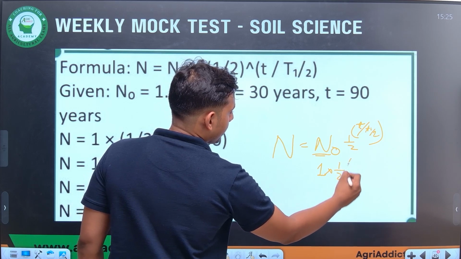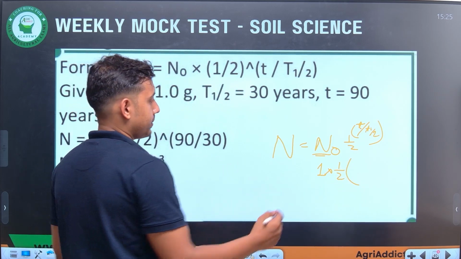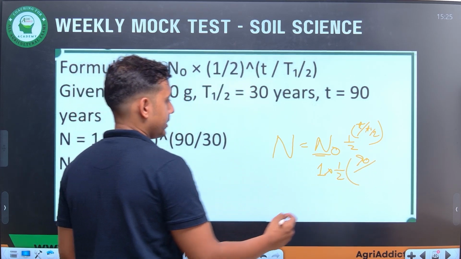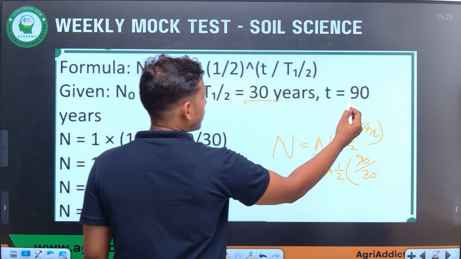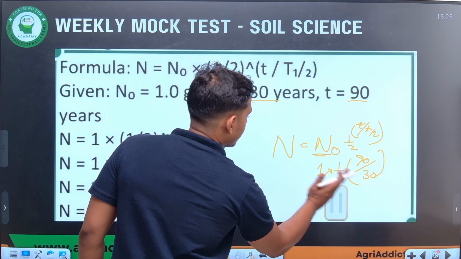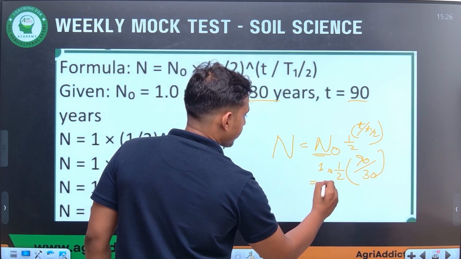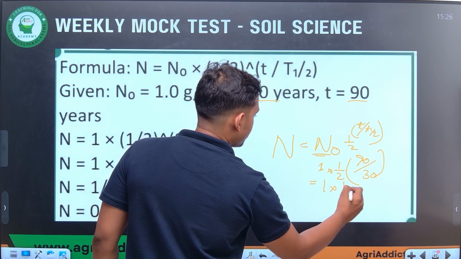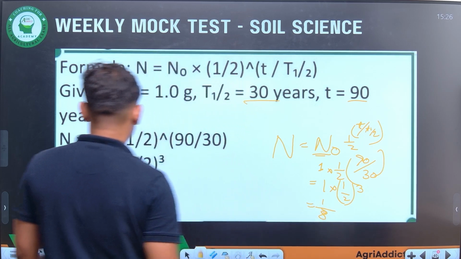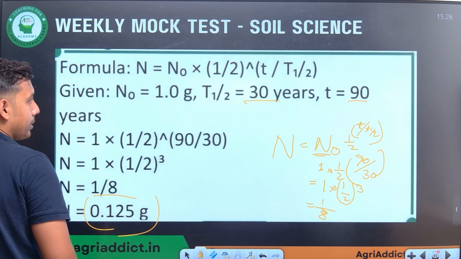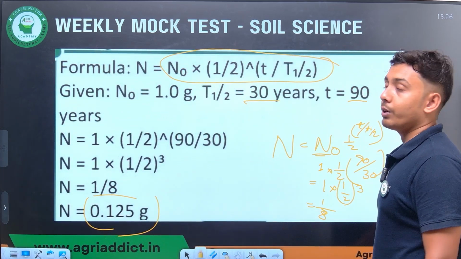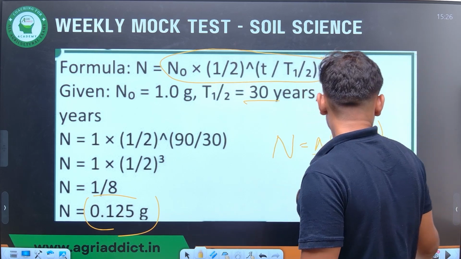T is the total time, 90 years, and T half of that element was 30 years. So it will be 1 into 1 by 2 to the power 3, that means 1 by 8, which is 0.125 gram. So this is the formula: N is equal to N0 into half to the power T by T half.